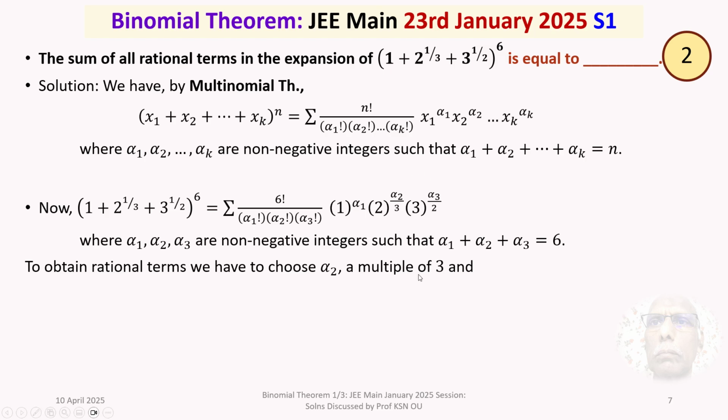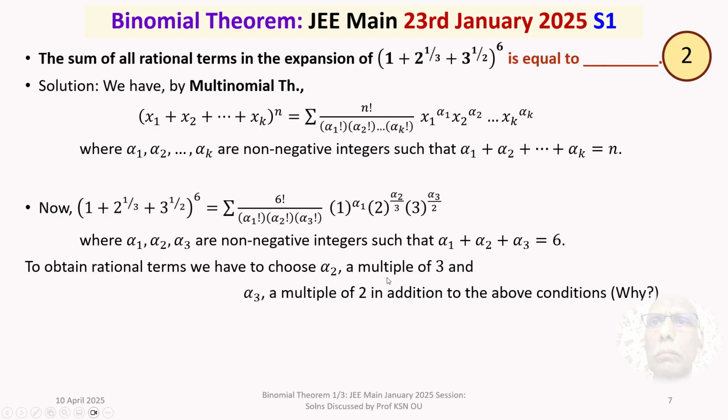Alpha 2 as a multiple of 3, then you will get a non-negative integer and thereby you get a rational term. 2 to the power of a positive or non-negative integer will be rational. And alpha 3 must be taken as a multiple of 2.